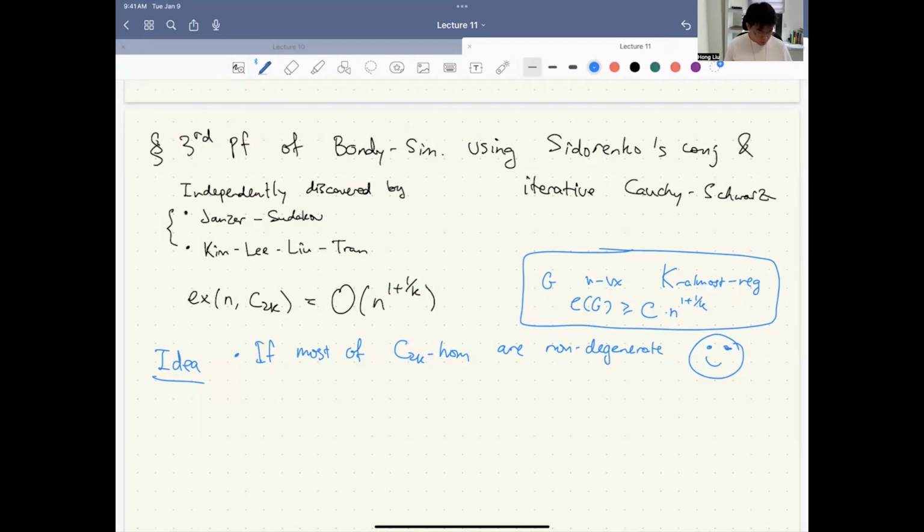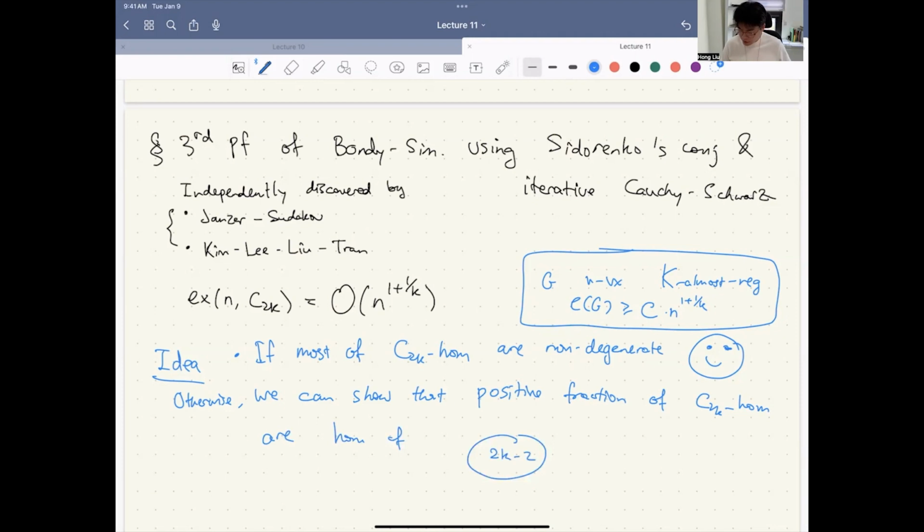So otherwise we can show that a positive fraction, not most, of the C_{2k} homomorphisms look like homomorphisms of this degenerate guy.